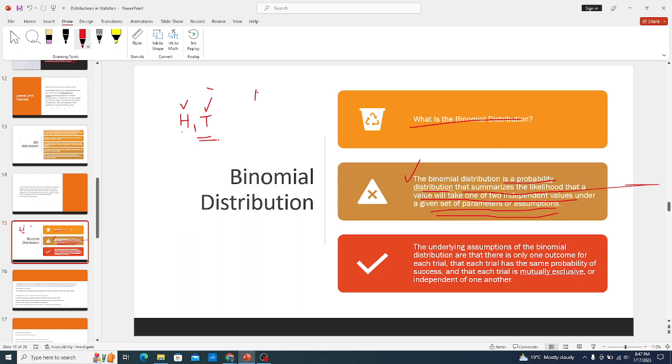Now let's go to the second part, which is the underlying assumptions for a binomial experiment to take place. For it to be called a binomial distribution, the experiment must follow the following assumptions.